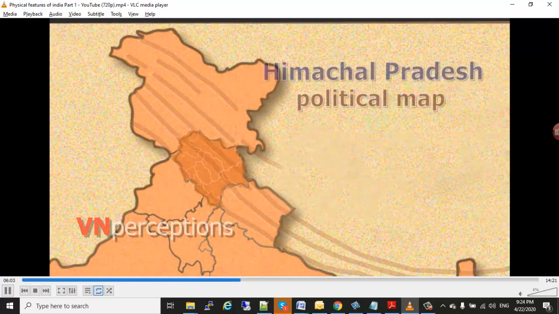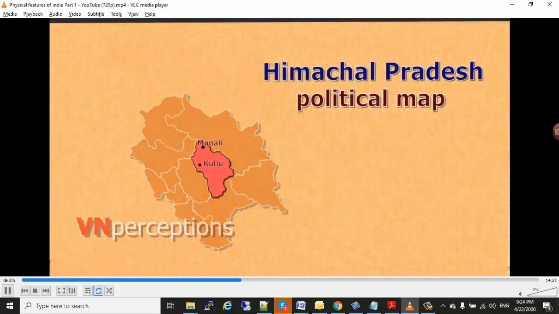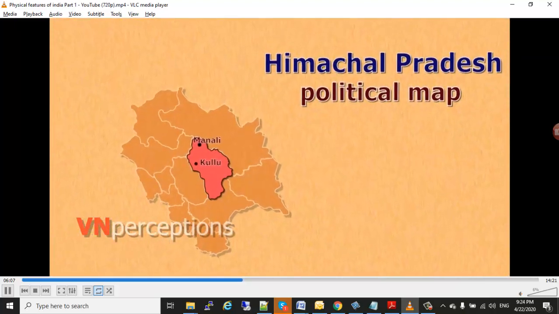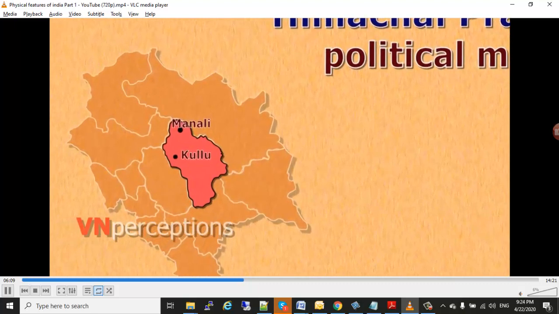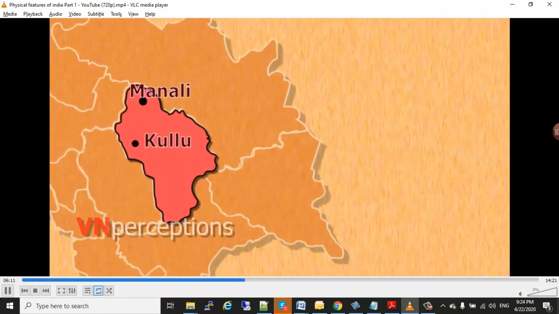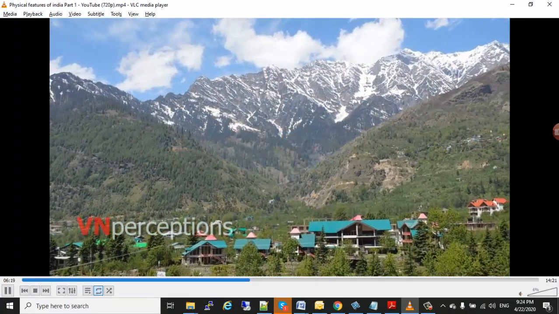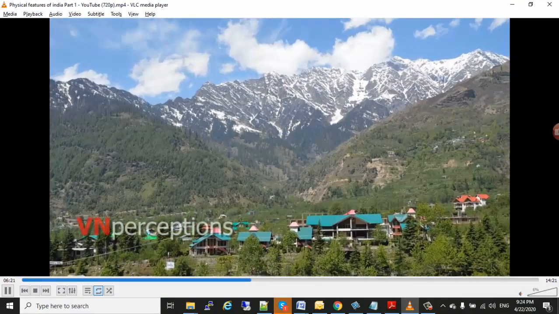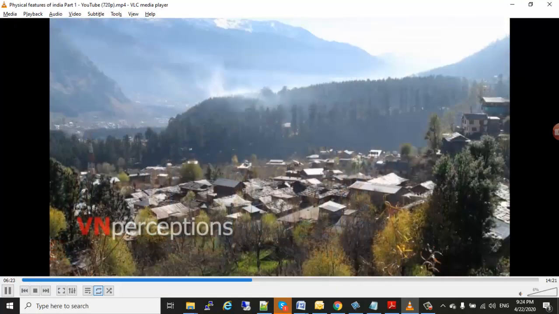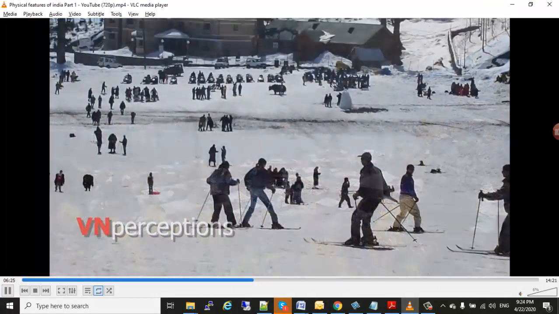Kulu Manali is one more important tourist place in this region due to its close proximity. These two names, that is Kulu and Manali, are often considered as a single destination. Kulu Manali is known for its amazing hills and various temples, and its sightseeing locations attract a huge number of visitors each year.